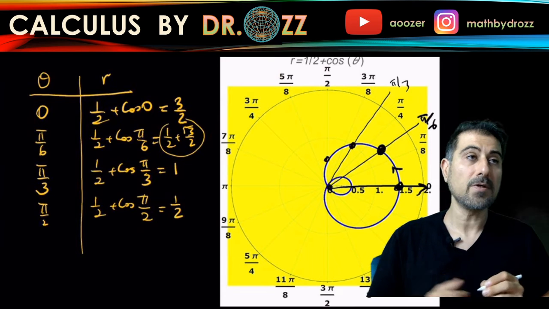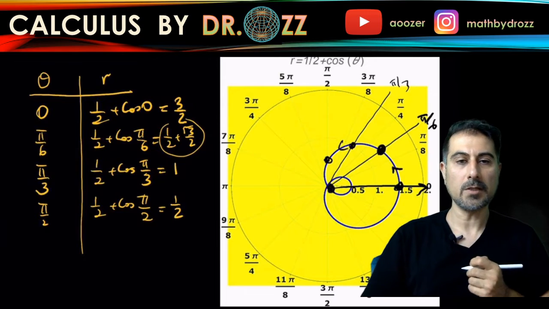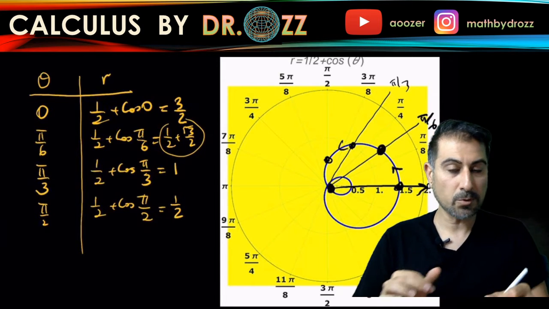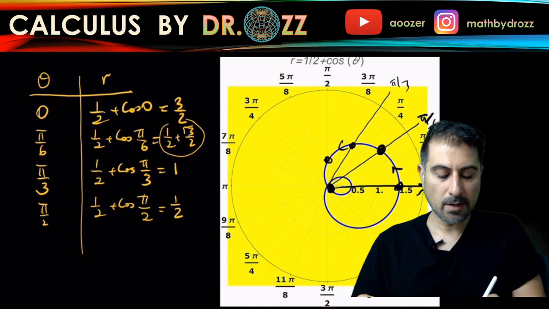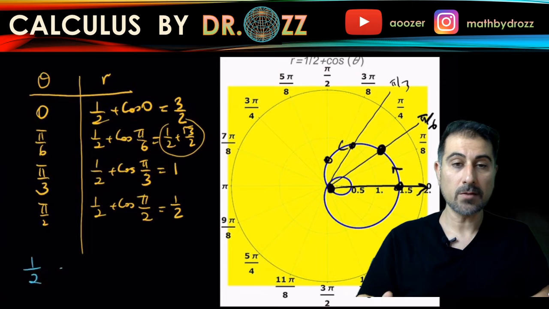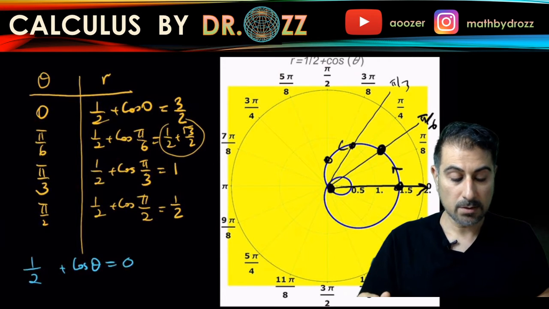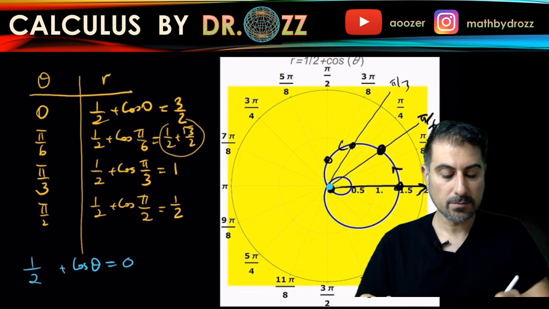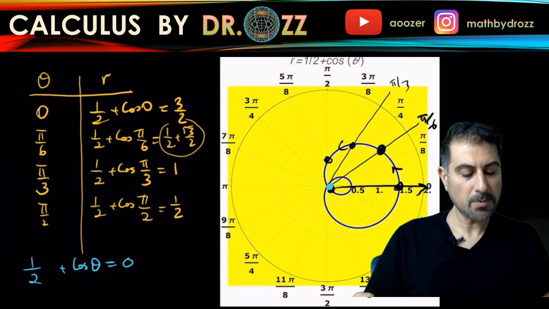That's in fact us solving the equation 1/2 plus cosine theta equals 0. So let's look at that, because we know that we're going in that direction. Why don't we continue with solving 1/2 plus cosine theta equals 0, so I will know exactly what theta corresponds to this point. Cosine theta equals negative 1/2, and I should be in the second quadrant.